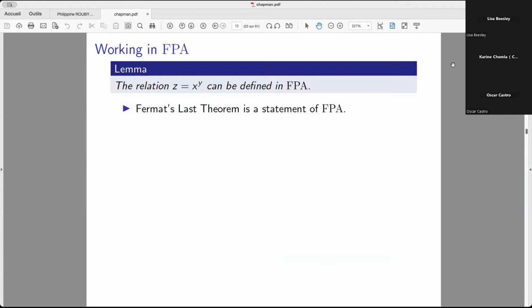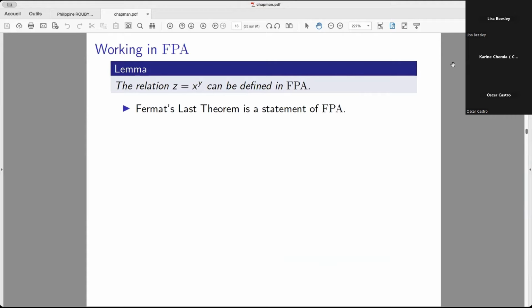Okay, let's work in FPA. It's kind of amusing. So you can define exponentiation as a partial function in FPA. You have to break down the exponents. Remember, you don't have much room to work, but it works.